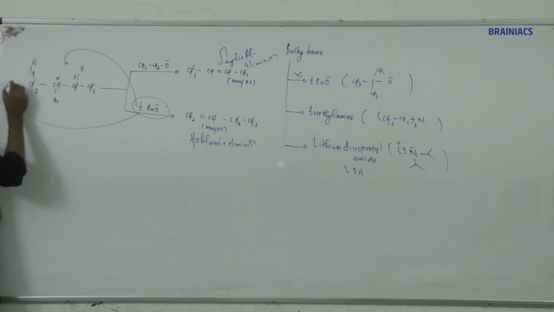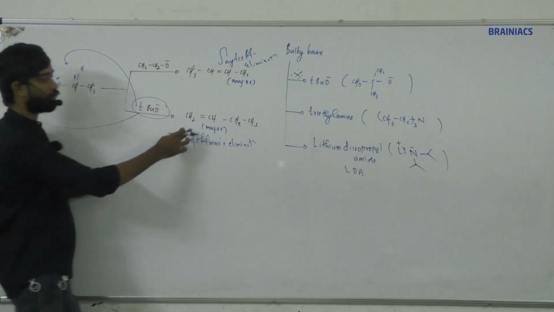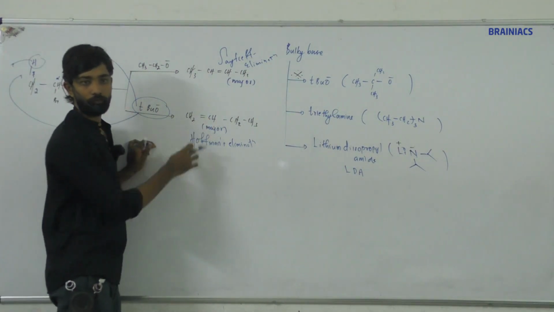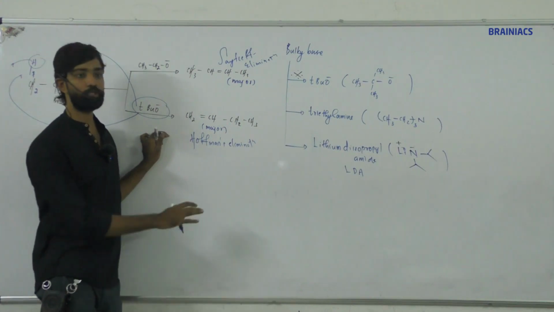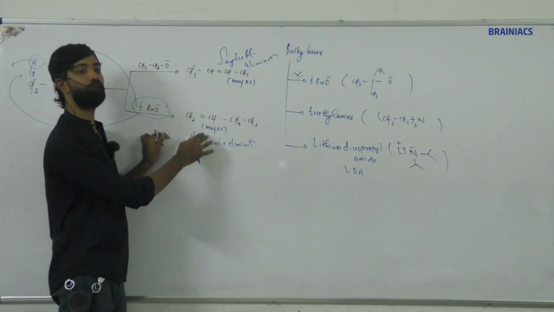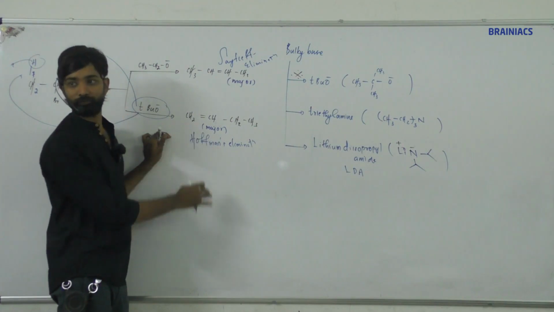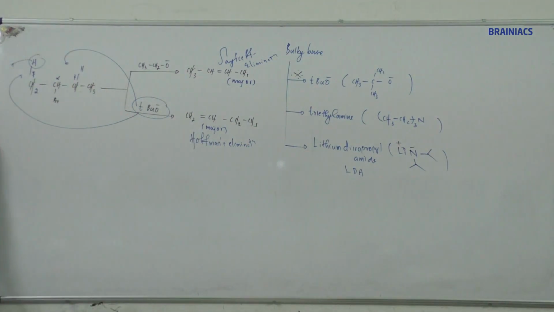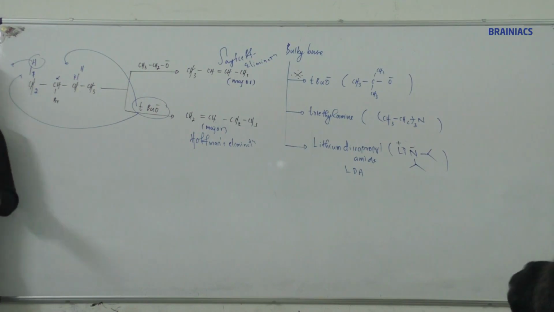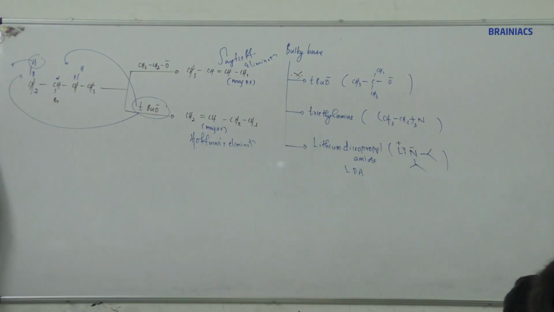It is very easy to abstract H plus from the end. So bulky bases usually abstract the H plus from the non-crowded space. So it may lead to the terminal double bond. So it results in the formation of a major product of less stable alkene. That's the reason. Ready? So bulky base abstracts less hindered proton. That's the explanation. Bulky base abstracts less hindered proton.